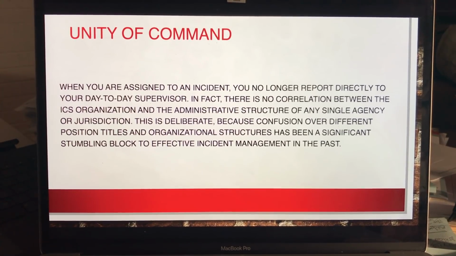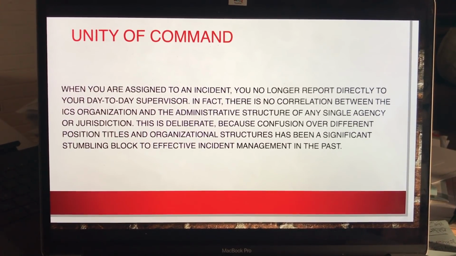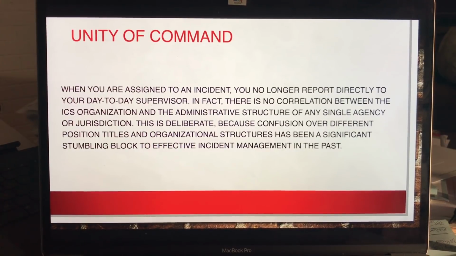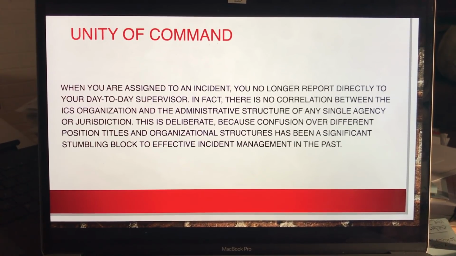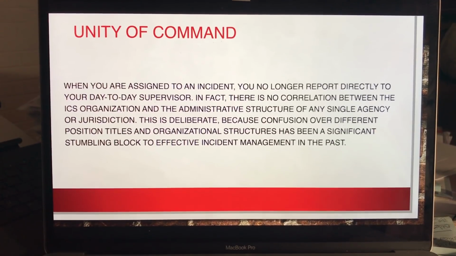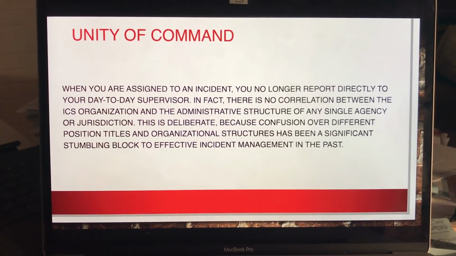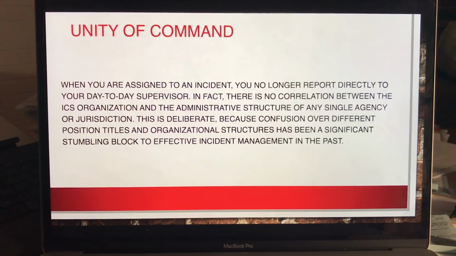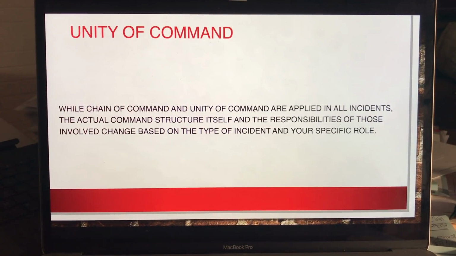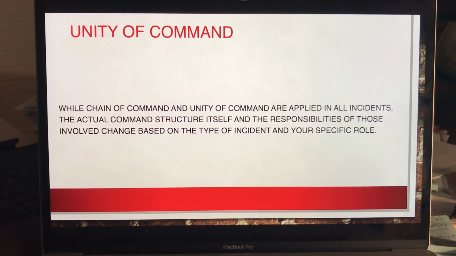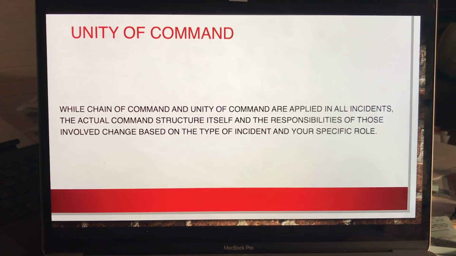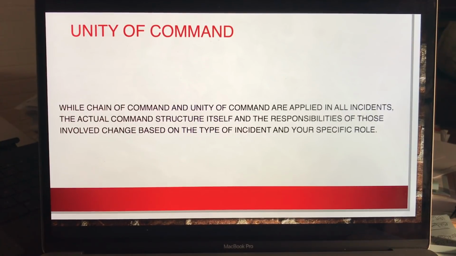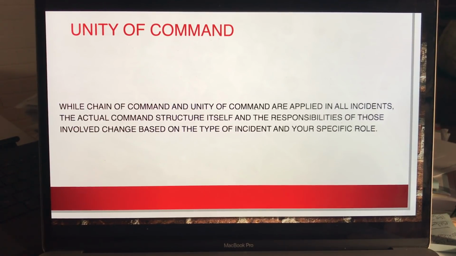This is deliberate because confusion over different position titles and organizational structures has been a significant stumbling block to effective incident management in the past. While chain of command and unity of command are applied in all incidents, the actual command structure itself and the responsibility of those involved change based on the type of incident and your specific role.